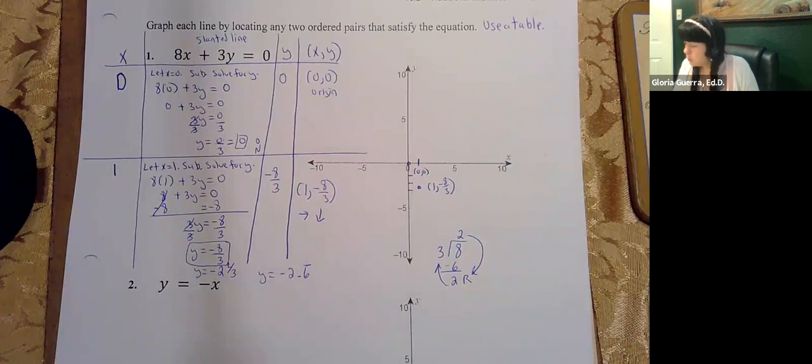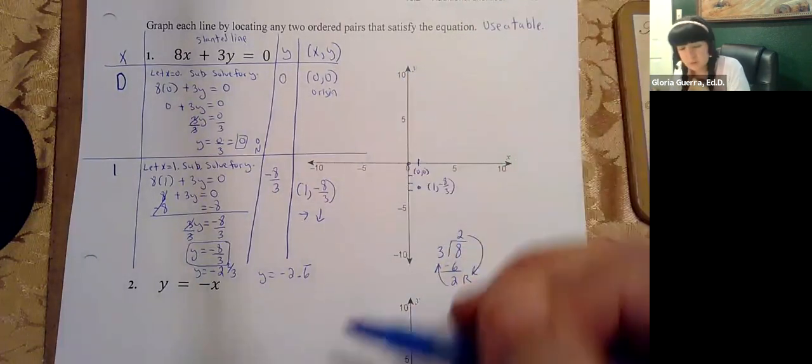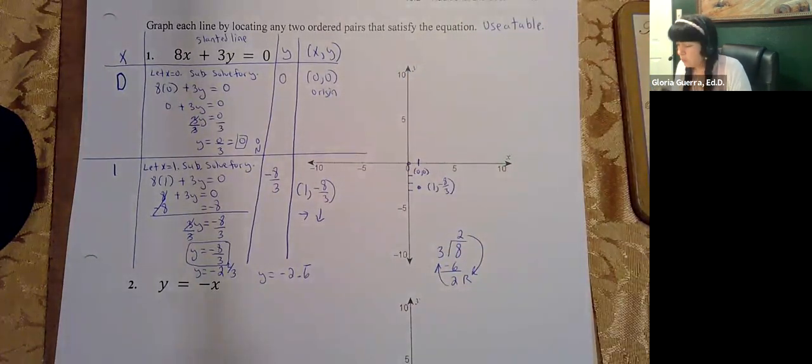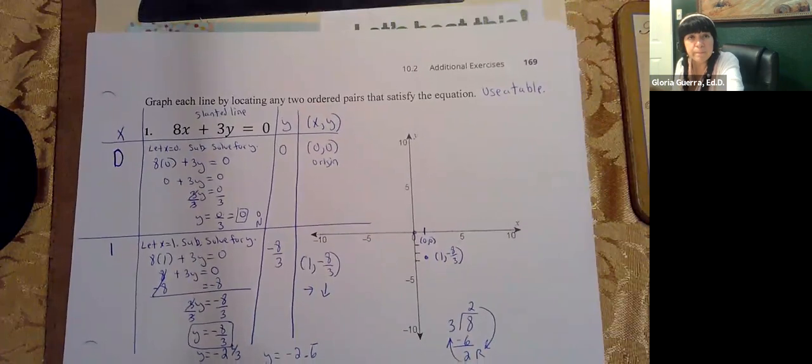Let's see. I think if I do -1, we should get something also, because you know how the line is going up this way. So let's try -1. Now I don't have much room here, but I can do it at the top.